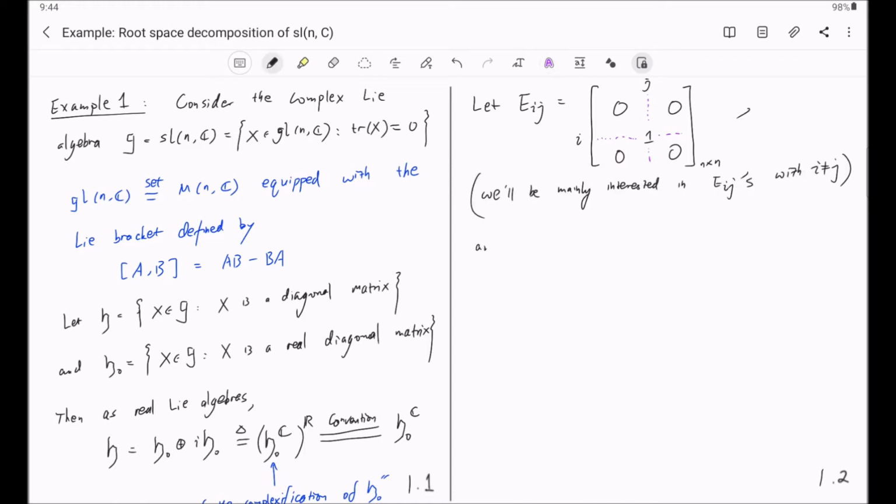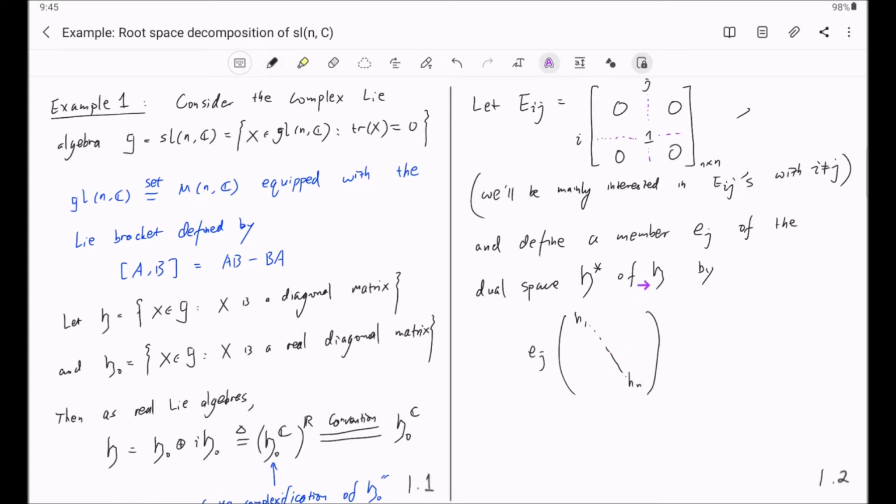And we define a member e_j of the dual space h* of h by e_j applied to the diagonal matrix with entries h_1 through h_n in h being equal to h_j. Namely, e_j will extract the value of the jth component on this diagonal.